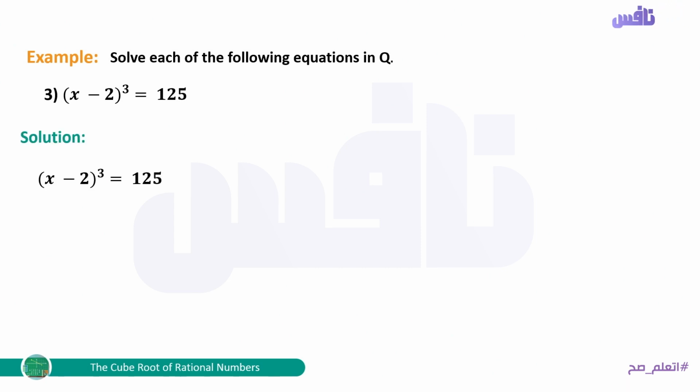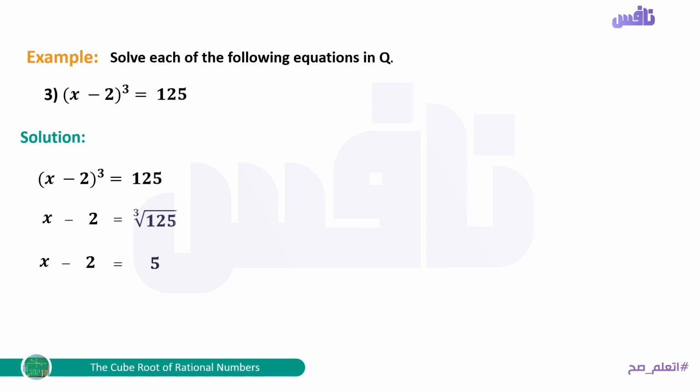So x minus 2 equals cubic root 125. By using calculator we find the value of cubic root 125. It will be 5. So next step, x minus 2 equals 5.